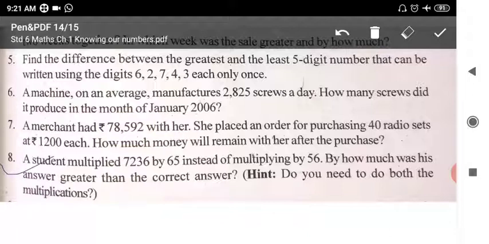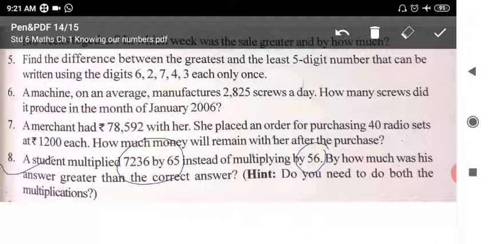Question number 8, student multiplied 7,236 by 65 instead of multiplying by 56. One student has to multiply 7,236 by 65, but he has multiplied by 56, means he has done wrong. So by how much was his answer greater than the correct answer? 65 is greater than 56, no?